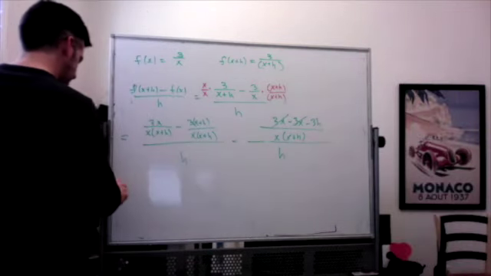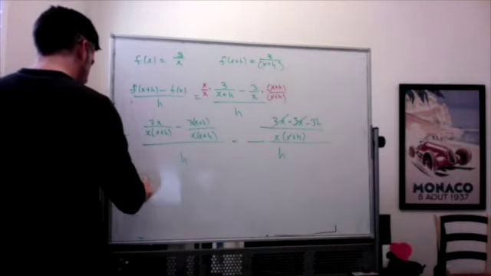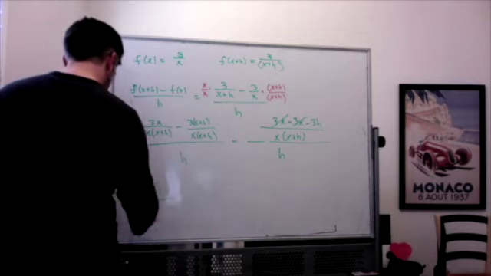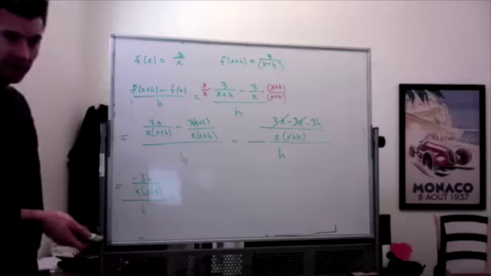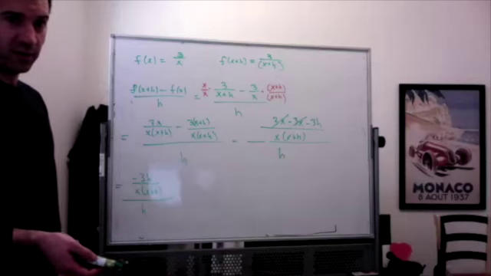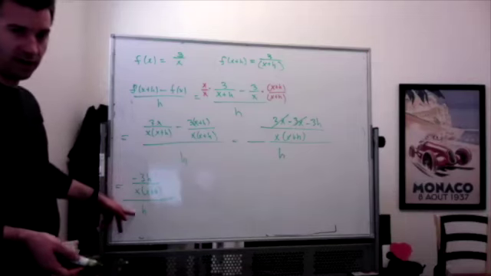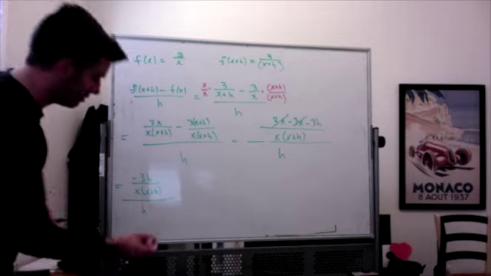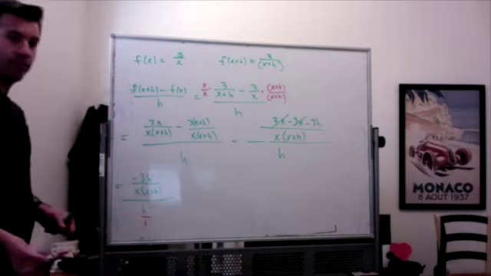So now I've got this kind of terrible looking fraction in a fraction. I've got negative 3h over x times x plus h, over h. I would love to flip and multiply, right? What I really have is a fraction divided by a fraction. That's h over 1.